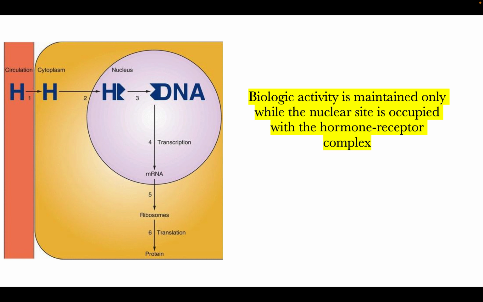But for progesterone, because this complex half-life is very short, hormones like progesterone and cortisol, because of the shorter half-life of the hormone receptor complex, need to be present in higher concentration as compared to other hormones like estrogen.